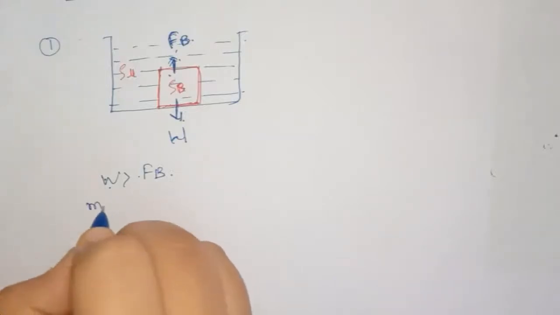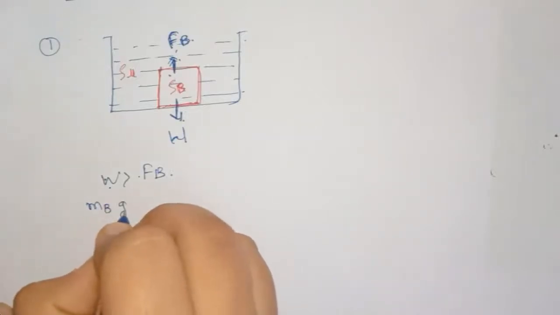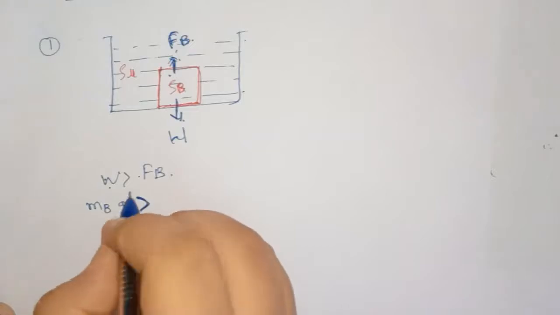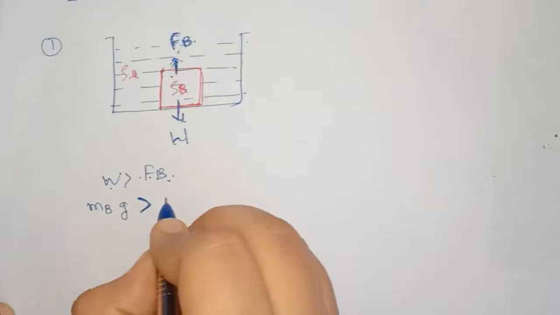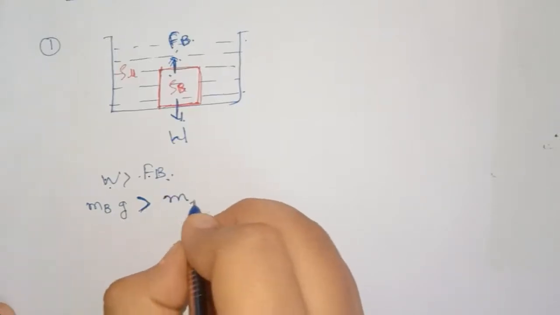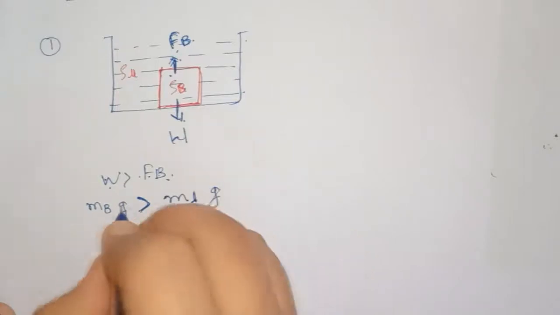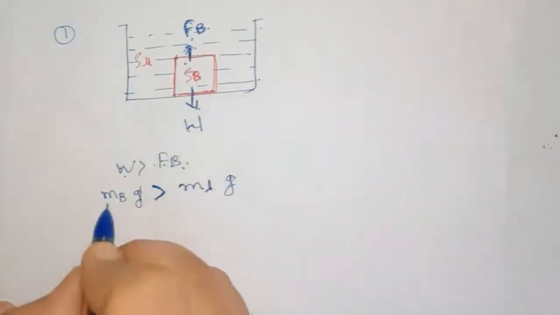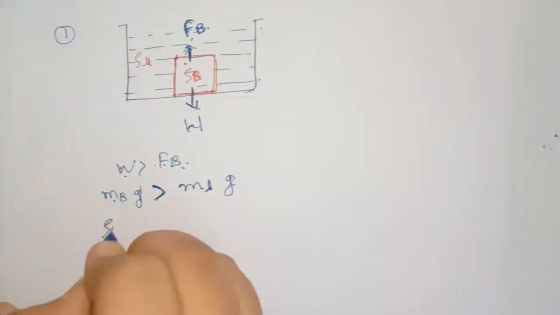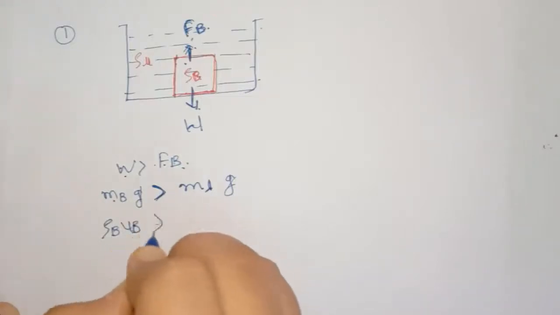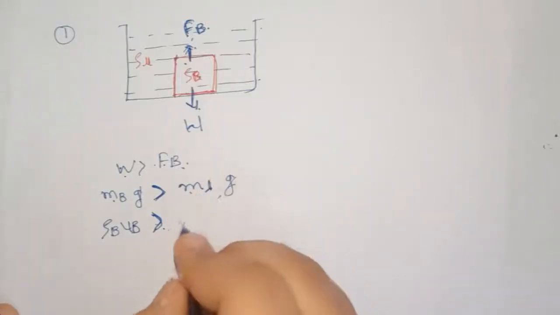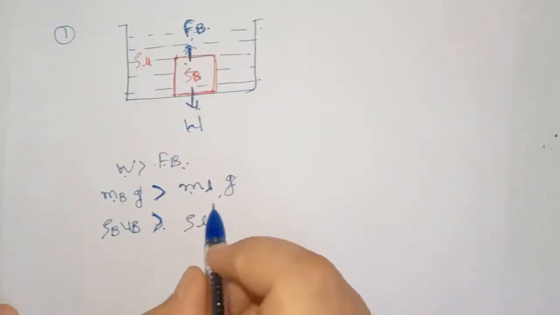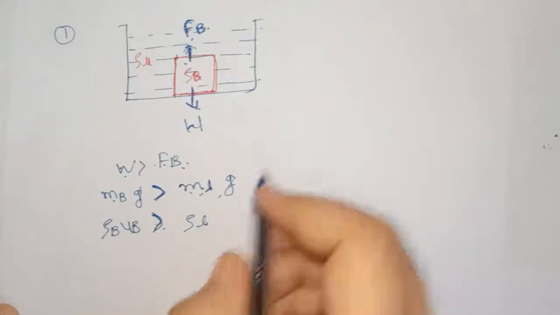Weight is mass of body times g, and buoyant force, as we have just seen, is the weight of fluid displaced, that is equal to the mass of liquid displaced times g. This g will get cancelled out. We can write mass of body, equal to density of body times volume of body, is greater than mass of liquid, which can be written as density of liquid times volume of liquid displaced.